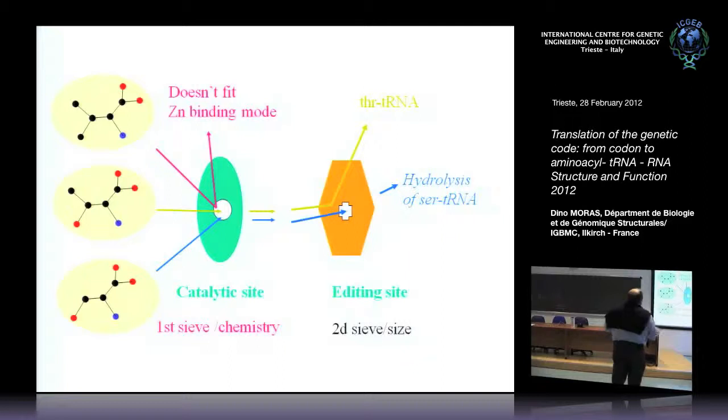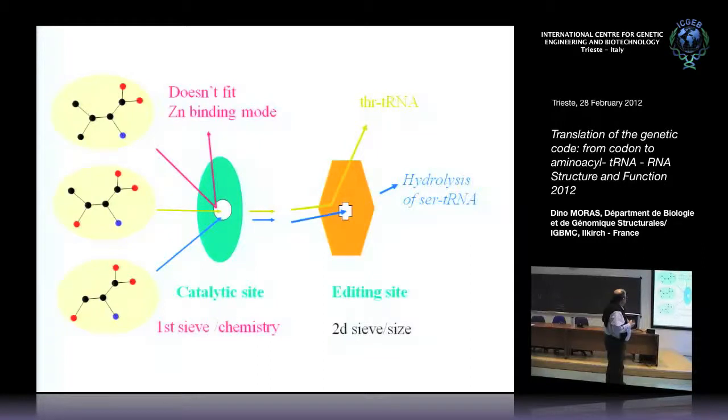So the mechanism was predicted a long time ago in terms of principle, and it is an enzymology principle. It's not unique to aminoacyl tRNA synthetase, but it was discovered on aminoacyl tRNA synthetase by Alan Fersht in the 70s. So there is a first selection at the catalytic site, which is a first sieve: the chemistry selects.